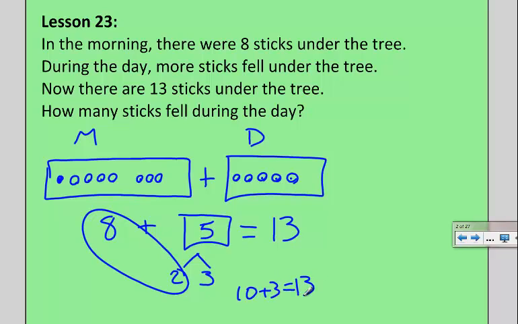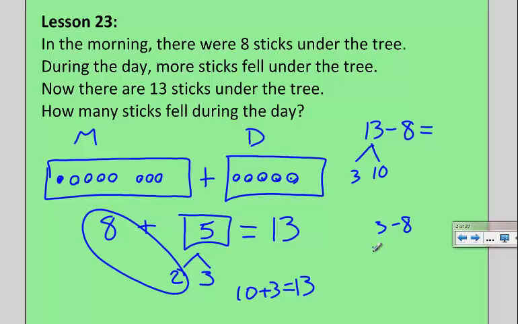We could also think of this like a subtraction sentence. We can start with 13, and since I know that I'm looking for the missing piece, I can take 8 away and find out how much is left. Now, I like to think of this 2 ways. I'm thinking, can I do 3 minus 8? Can I take my 1s from my 1s?